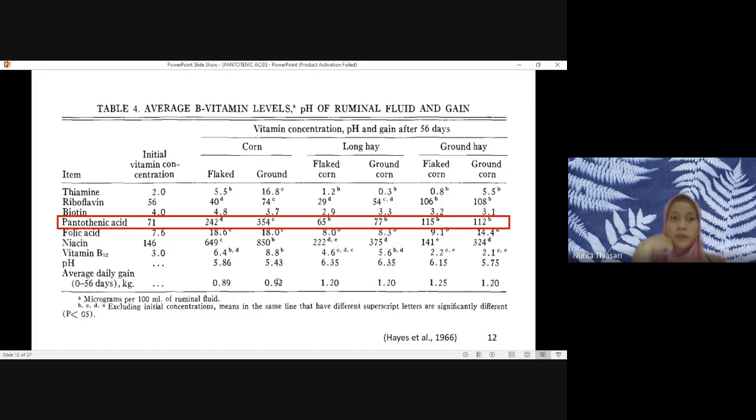So we can see that thiamine, riboflavin, pantothenic acid, niacin, and then vitamin B12, the synthesis or concentration of all of these vitamins increases with the increasing availability of carbohydrate.